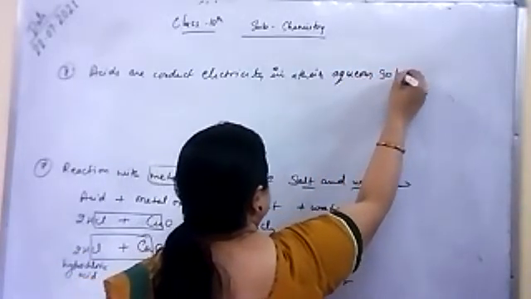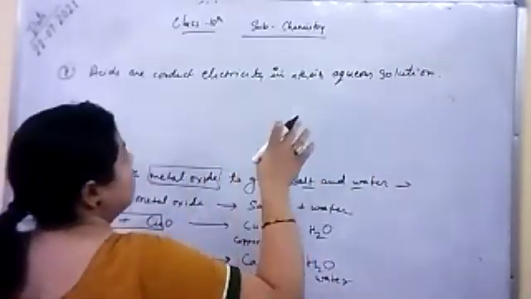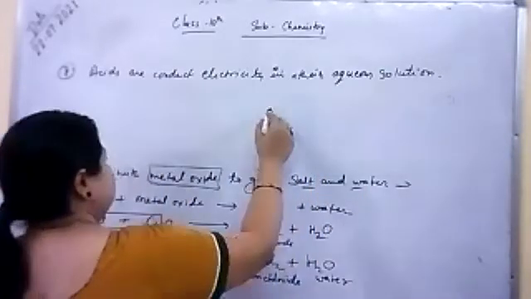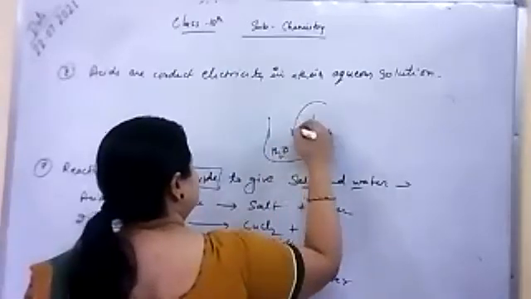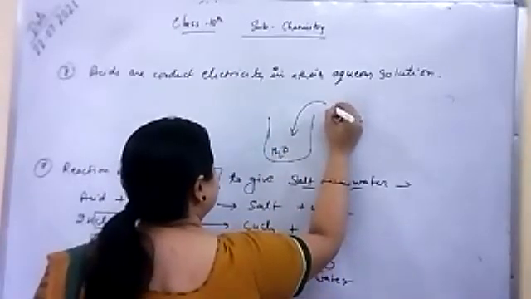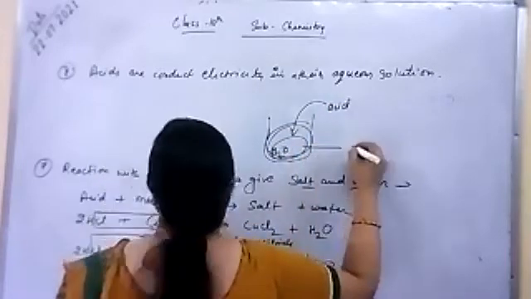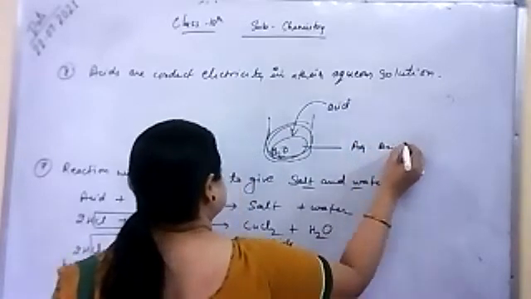Aqueous solution means the solution with water. That means if you have some water, you can mix some drops of acid in it and stir it well. So this will be an aqueous solution of acid.